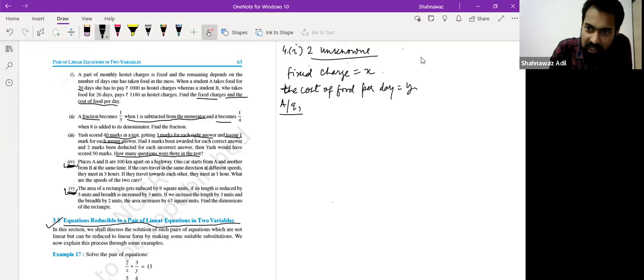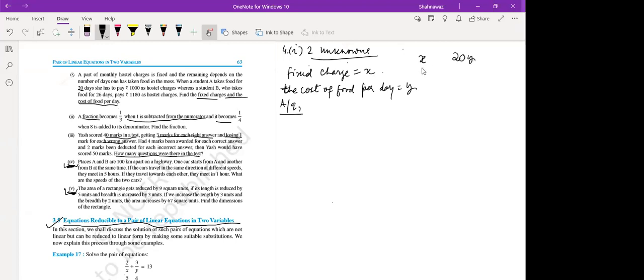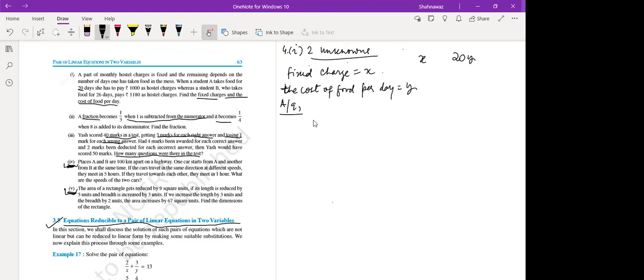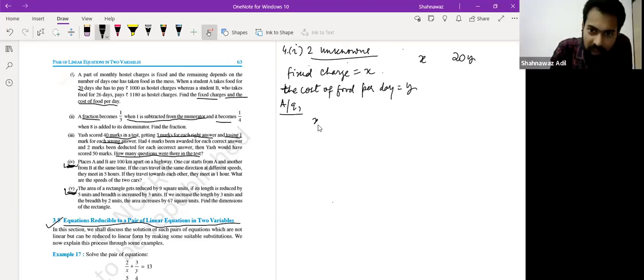The fixed charge is X. So this will be the first charge. And for 20 days, the amount will be 20 into Y. So what will be the total charge? So 1000. Yes, so X plus 20Y will be 1000, right?